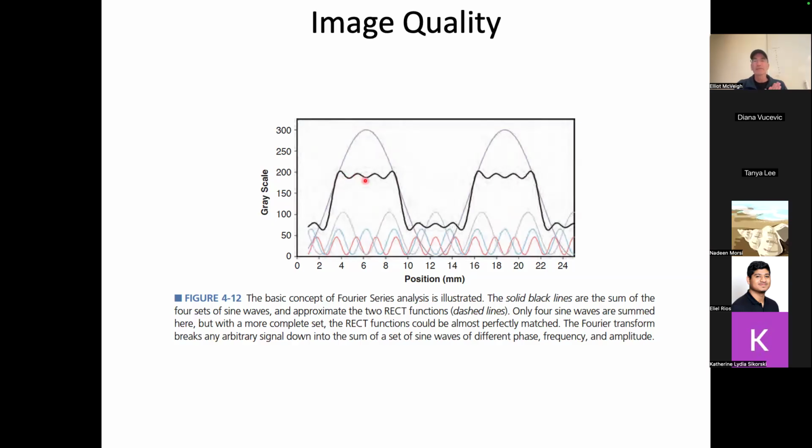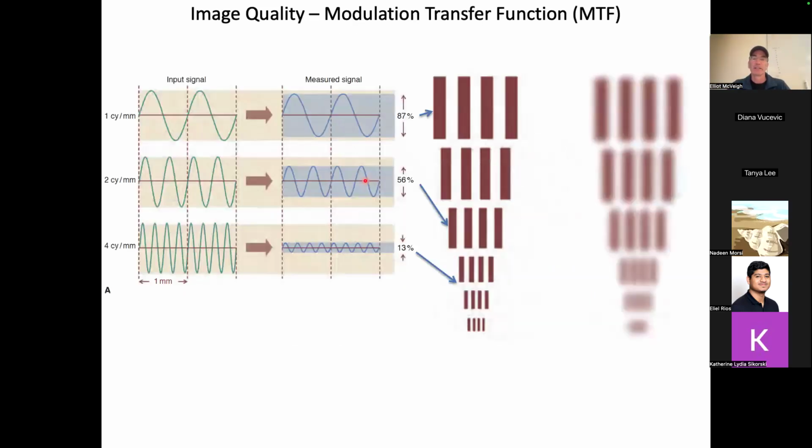That's called Gibbs ringing. And you'll see it in images. Like when you see a really sharp edge, sometimes you'll see a little ringing off the edge. That's called Gibbs ringing. So that's sort of the intuitive way of looking at Fourier composition of signals.